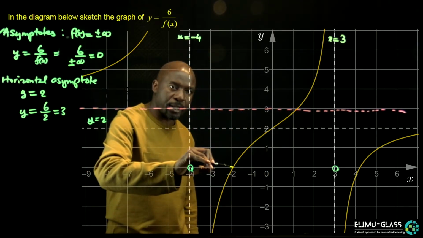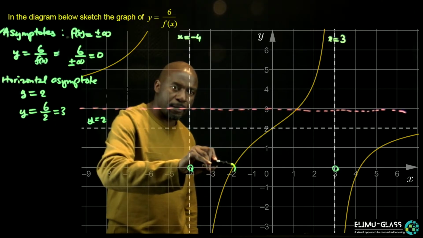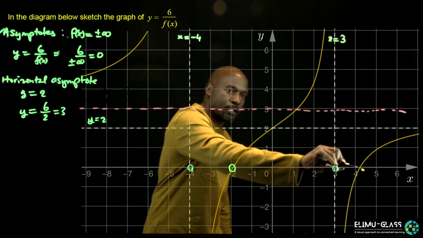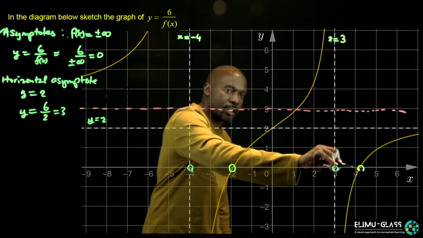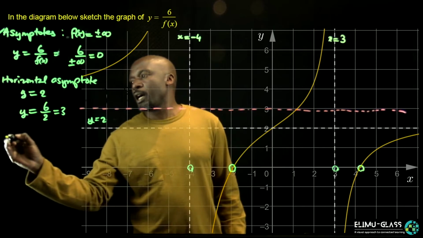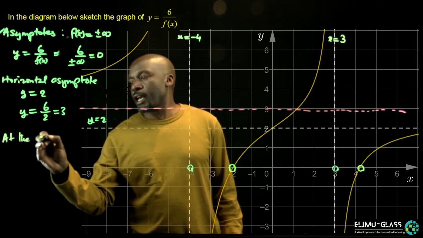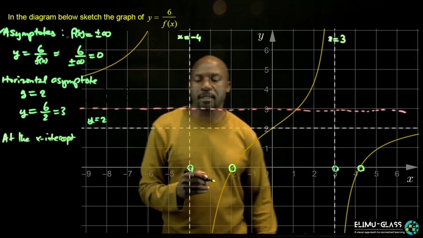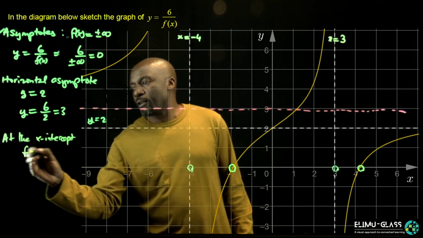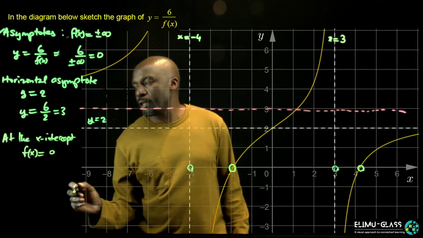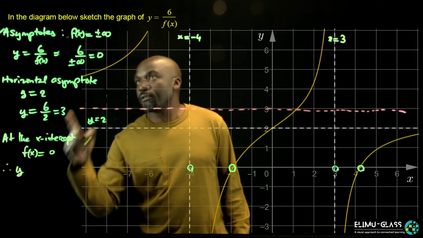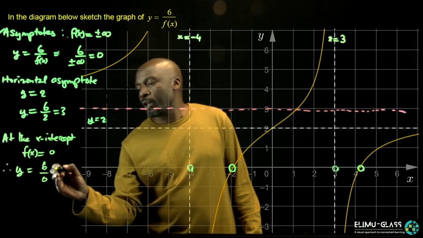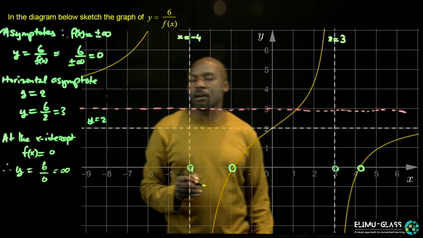Also, point number 3, our function passes through the x-axis at this point here, and again at that point there. So let's think about the value of y at the x-intercept. At the x-intercept, the value of f of x is 0, and therefore the value of our reciprocal function is going to be 6 divided by 0, which is undefined or infinite.